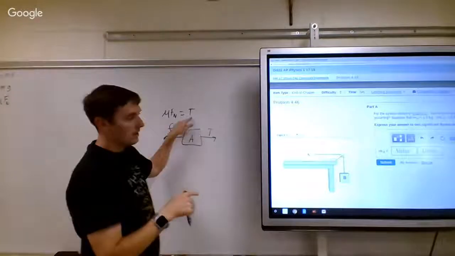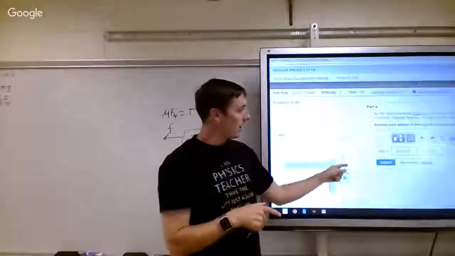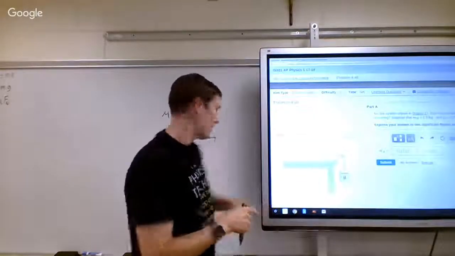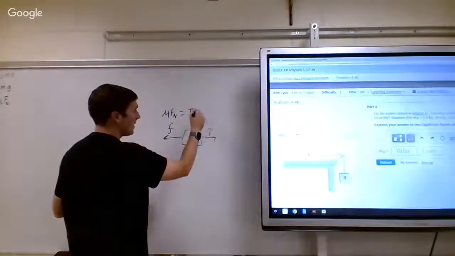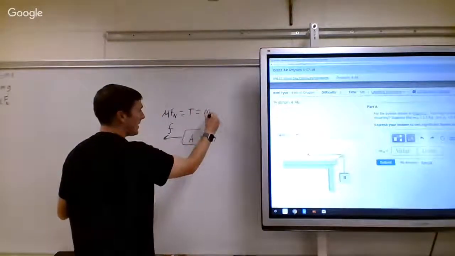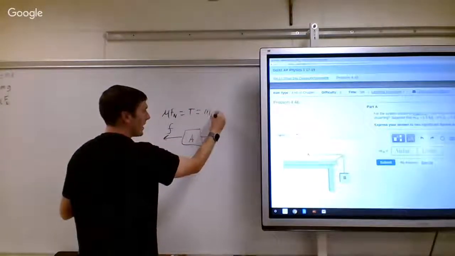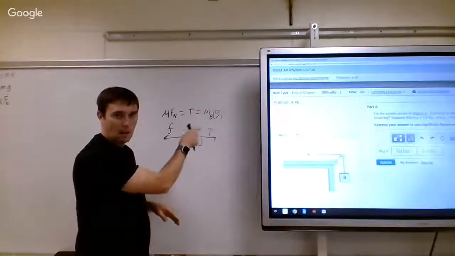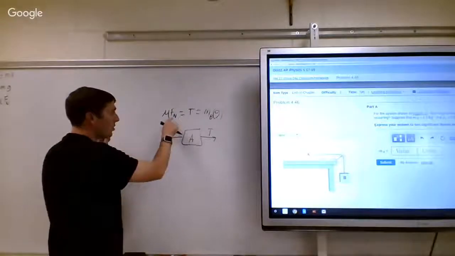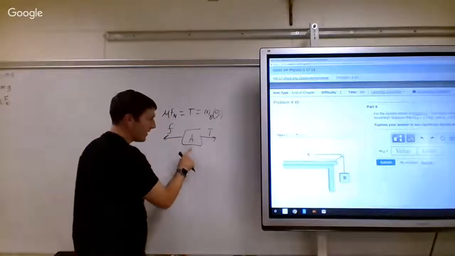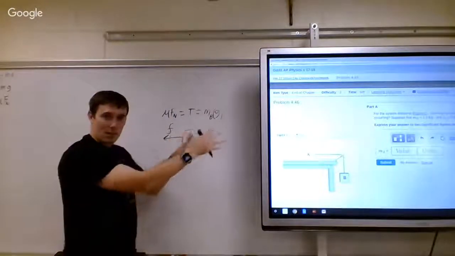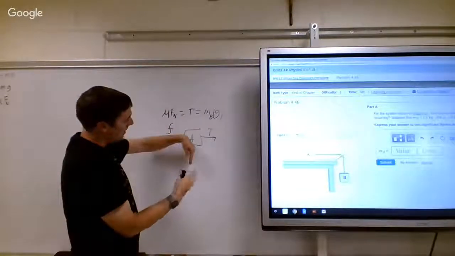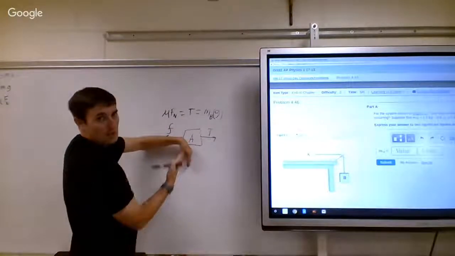And then the tension, if you follow it over here, is equal to the weight of that one. So tension is going to be equal to the mass of B times gravity, because that's what that one is, right? And then the normal force on this guy is on a regular flat surface, just like how we have right here, weight is going to be equal and opposite to your normal force.